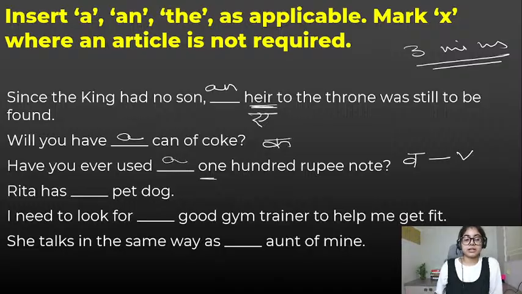Next, Rita has p sound, so a pet dog. I need to look for a gym trainer or a good gym trainer. Next, she talks in the same way as an aunt of mine because of the a sound.